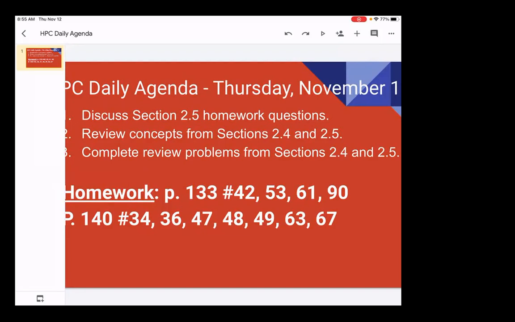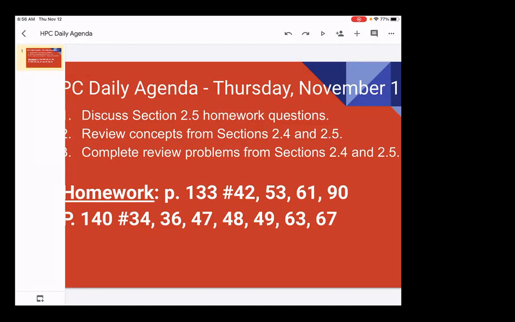Before we do that, though, I wanted to take some time to go through some of your 2.1 to 2.3 test. So if you want to pull out your test, go to Google Classroom and find your test. Everybody at home, do the same thing. Pull the version that I edited. This is the 2.1 to 2.3 test.